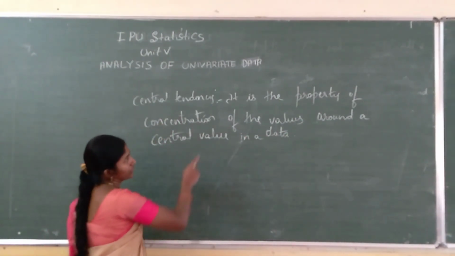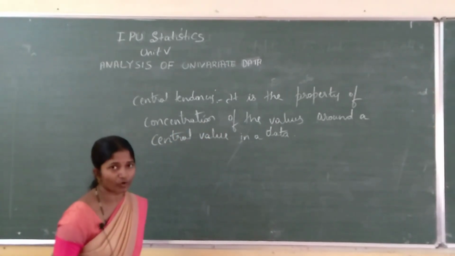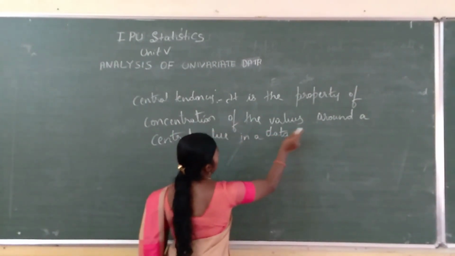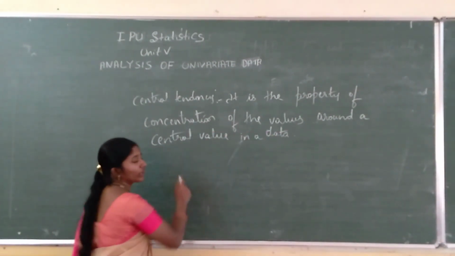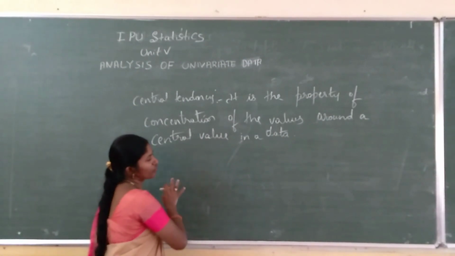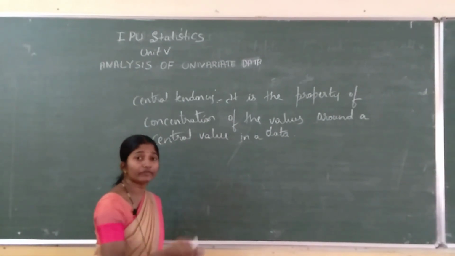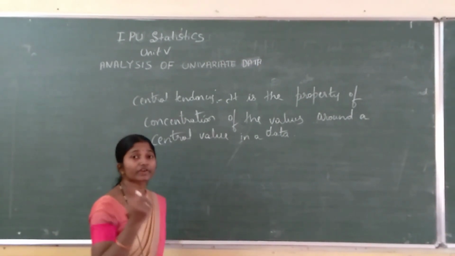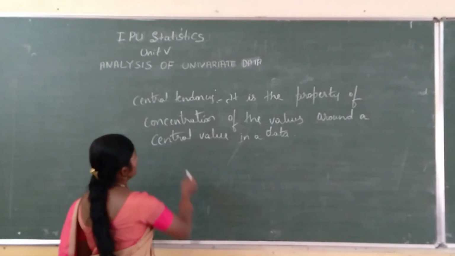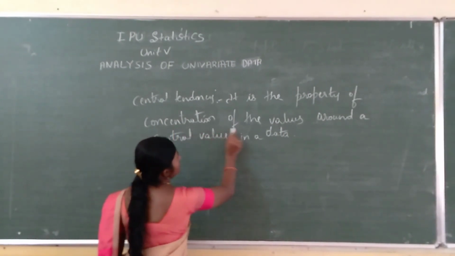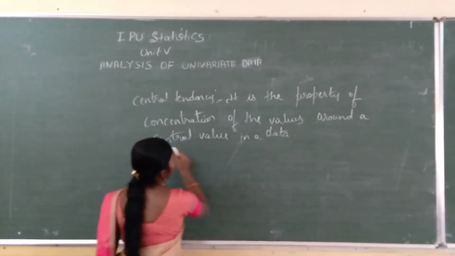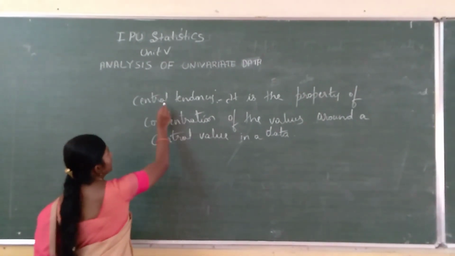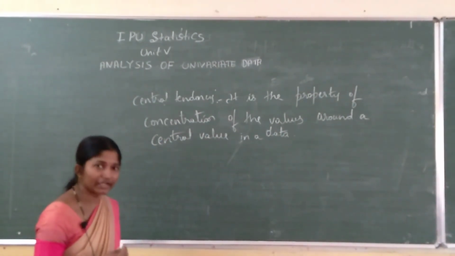There are so many values, and from them we find the average. That means we are getting a single value from the concentration of values around a central value in a data. That is called central tendency.